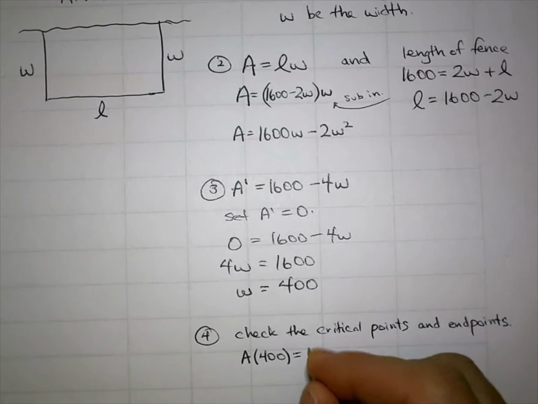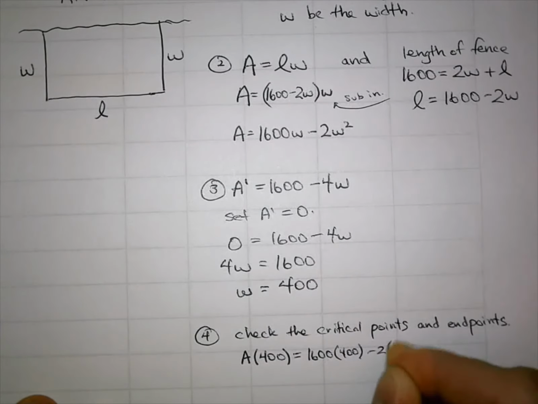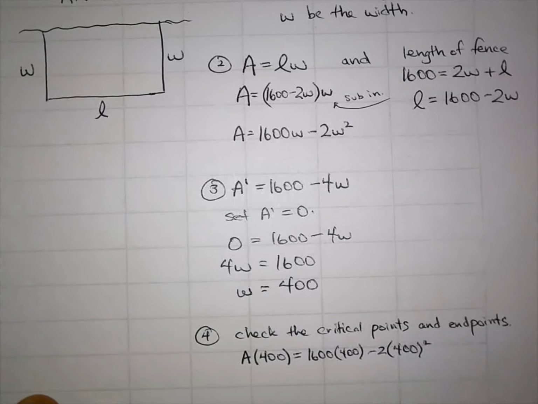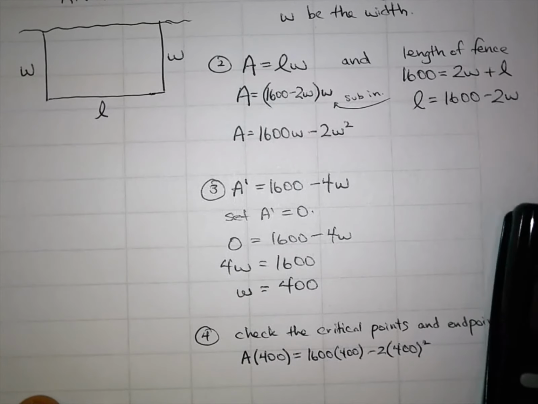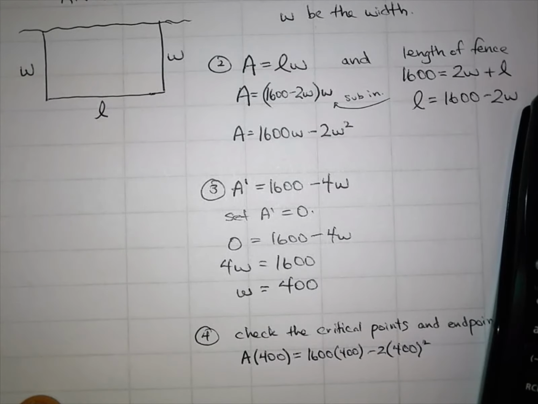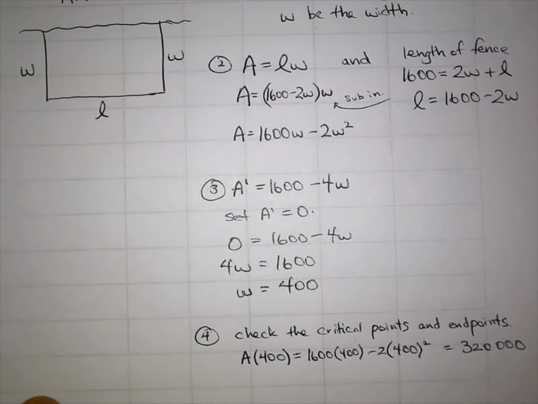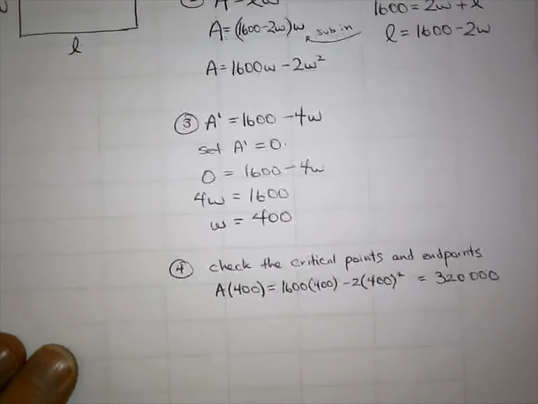That's going to be 1,600 times 400 minus 2 times 400 squared. Oh, that gives me a big area of 32,000,000. Now, what are my other endpoints here?